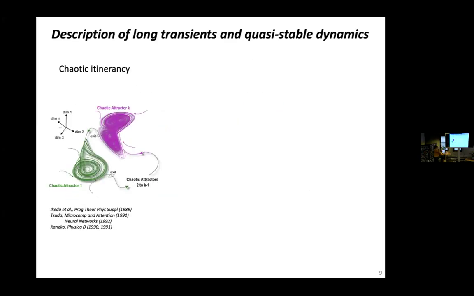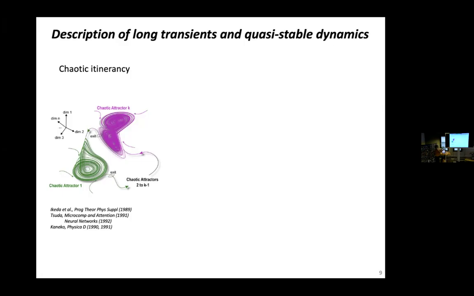And the description of such transient dynamics, where the system switches from one long transient to another long transient, is also not new to theory. The first proposal, at least to my knowledge, has been the description of sequential switching dynamics in chaotic systems, or chaotic itinerancy, with the work of Tsuda, Ikeda, and Kaneko, where the system goes into one chaotic attractor and stays there for a relatively long time, but then it can escape and switch to the next one, and so on, and you can do this switching in an ordered sequence, depending on the dynamics of the system.